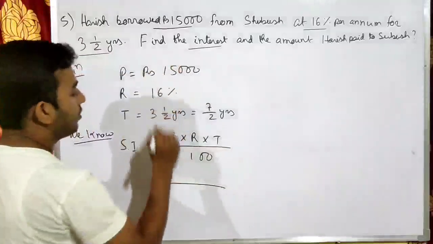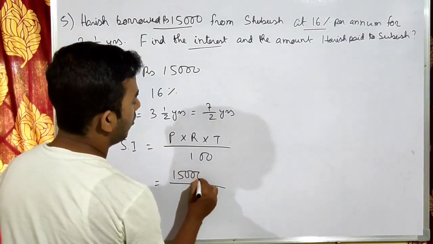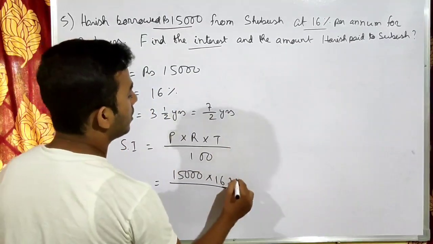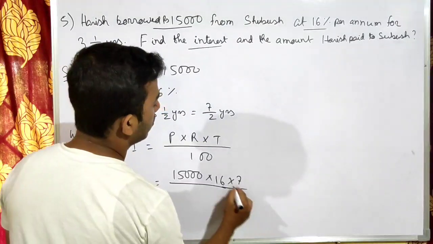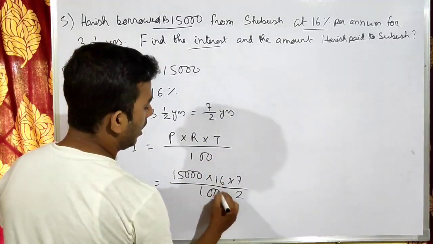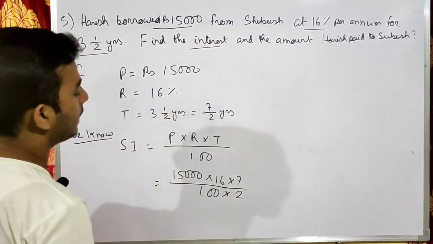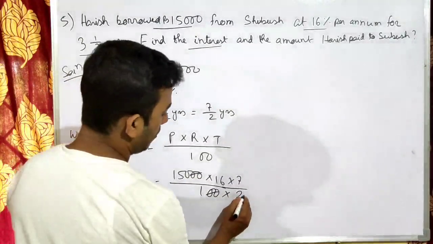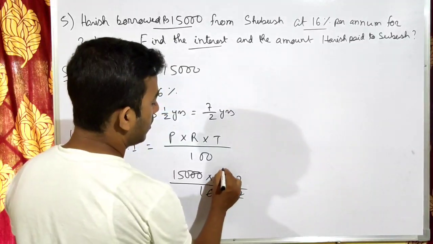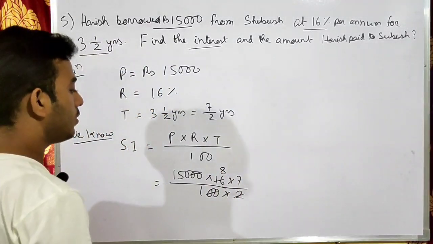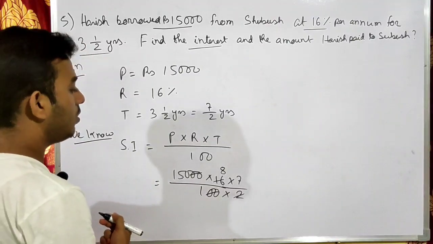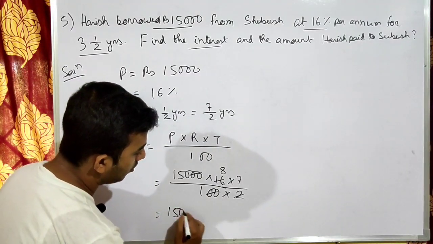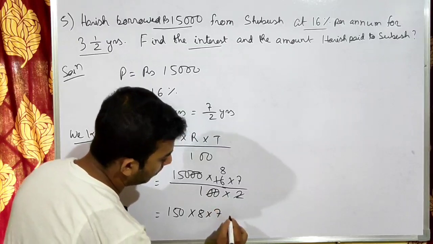So here P is 15000 into R is 16 into T is 7 divided by 2, divided by 100. Okay, so we cancel. Now these 2 with 8, up to this, clear. So what is left? 150 into 8 into 7, up to this, clear.